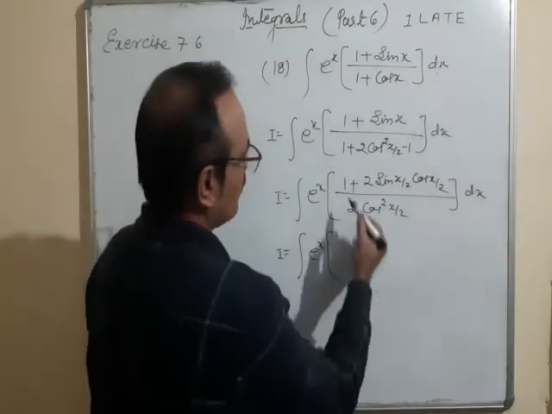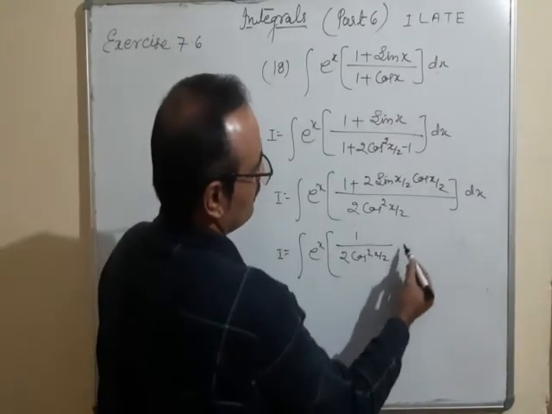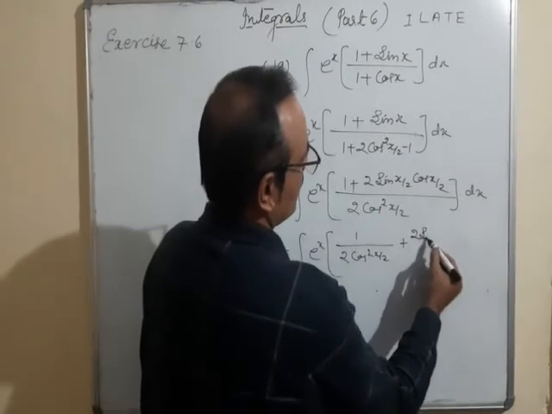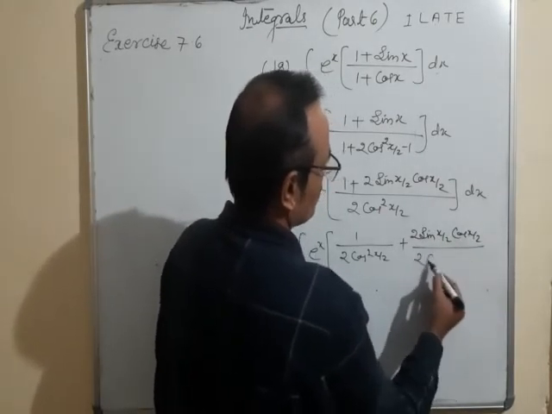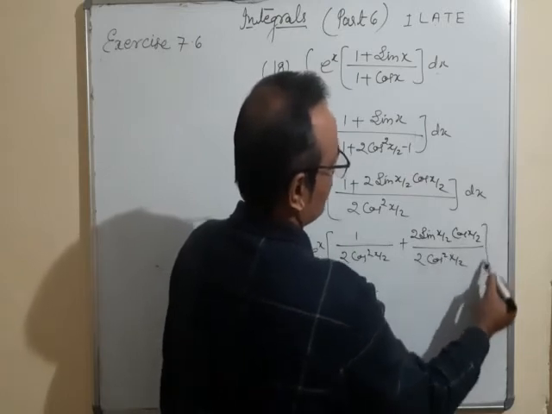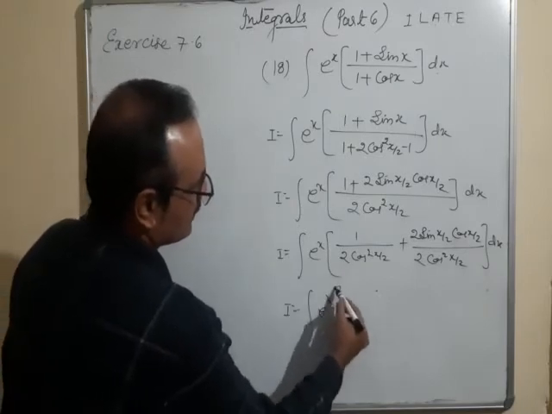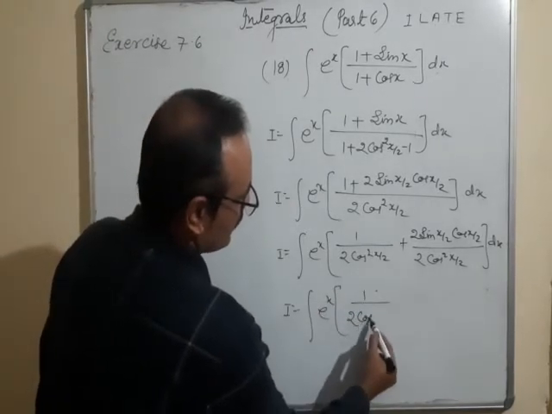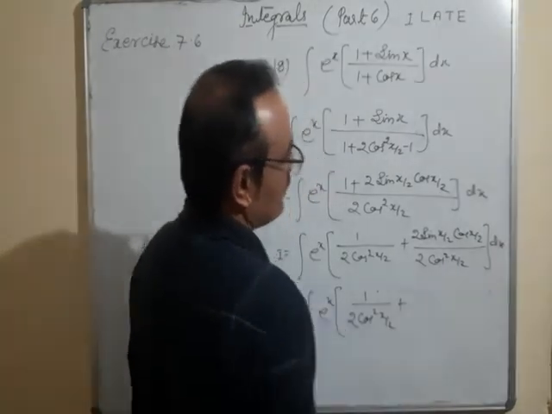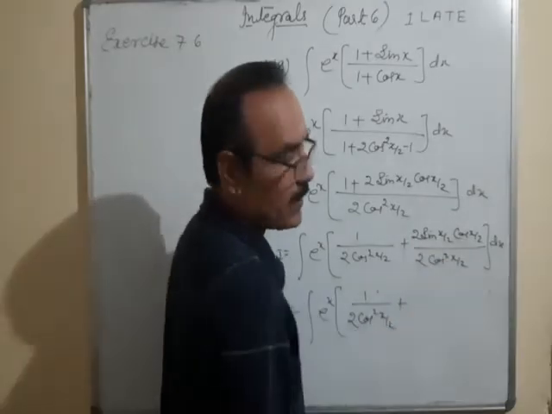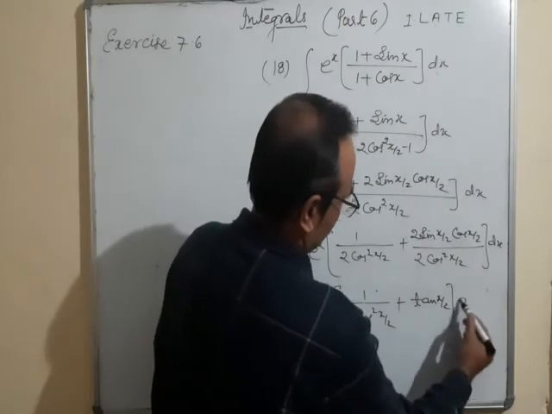Now I can write here 1 upon 2 cos square x by 2, plus 2 sin x by 2 cos x by 2 upon 2 cos square x by 2. I is equal to e to the power x, 1 upon 2 cos square x by 2 plus, one cos cancels, sin x by 2 upon cos x by 2, it is tan x by 2, dx.